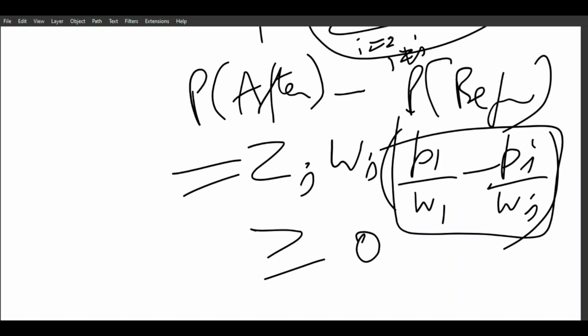So what we have proved is that given any other solution in which y1 is less than 1, we can always perform an exchange so that y1 becomes 1 and our solution is better. So the greedy solution is always better than any other solution. This way we prove our greedy choice property and that our algorithm is optimal. Any questions?